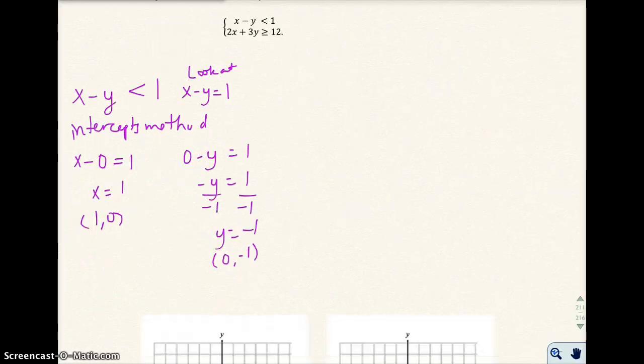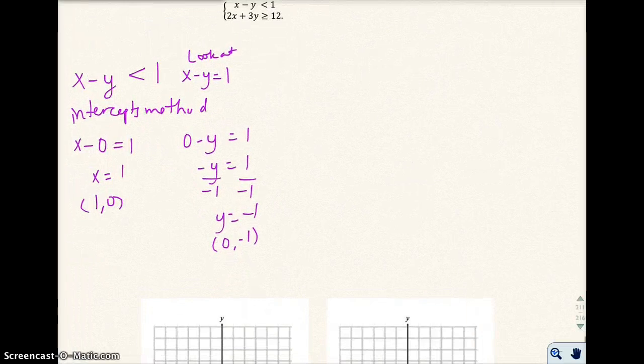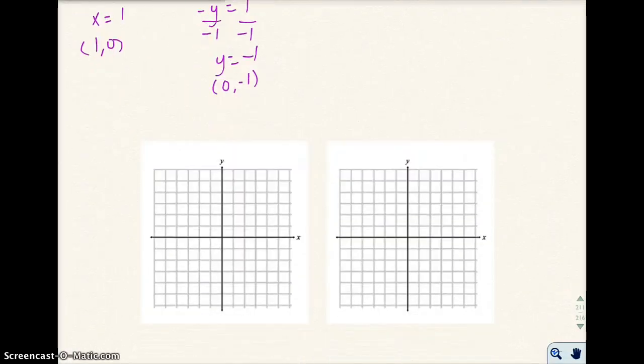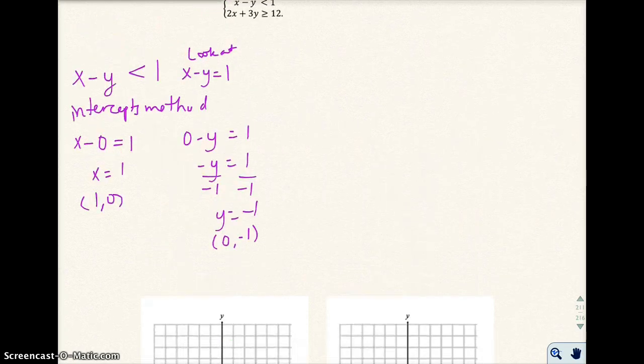I'm going to go to my graph paper here, and I'm going to graph (1, 0) and (0, -1), which is right there. It's going to be a dashed line.